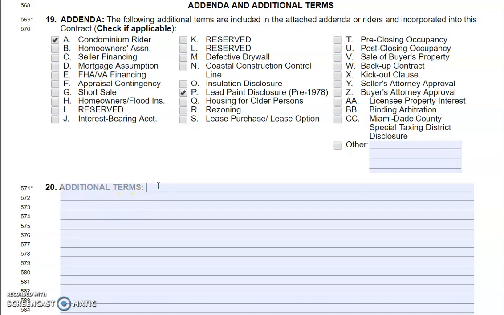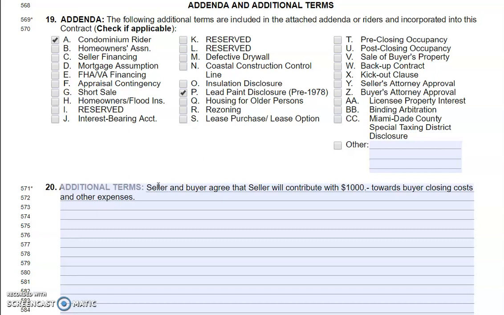Additional terms, you can write whatever the buyer and seller negotiate for that. For example, it's going to put... Okay.